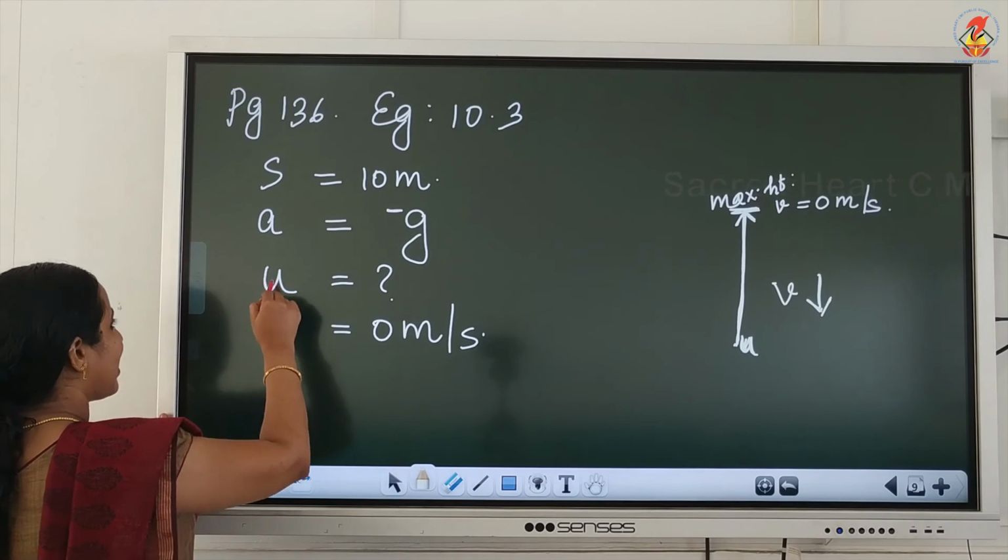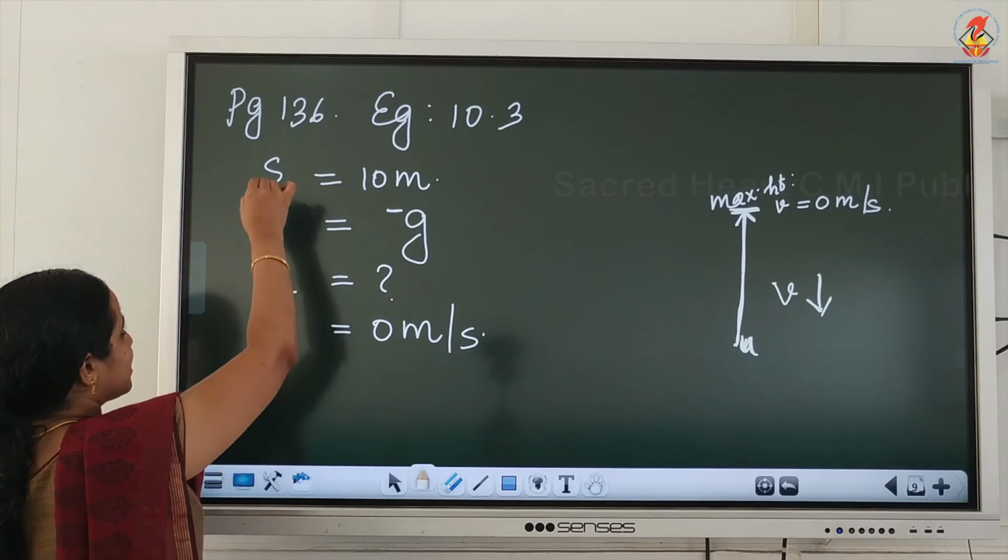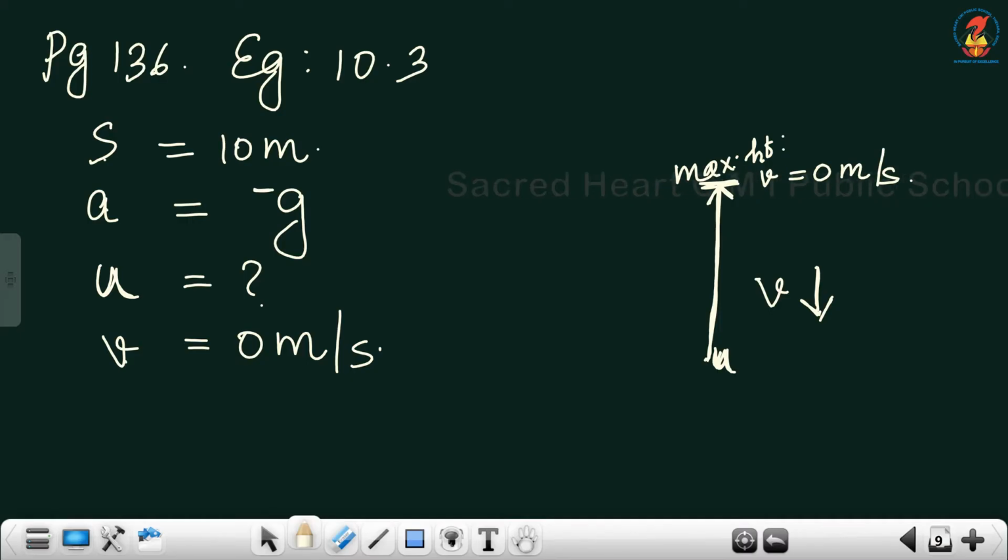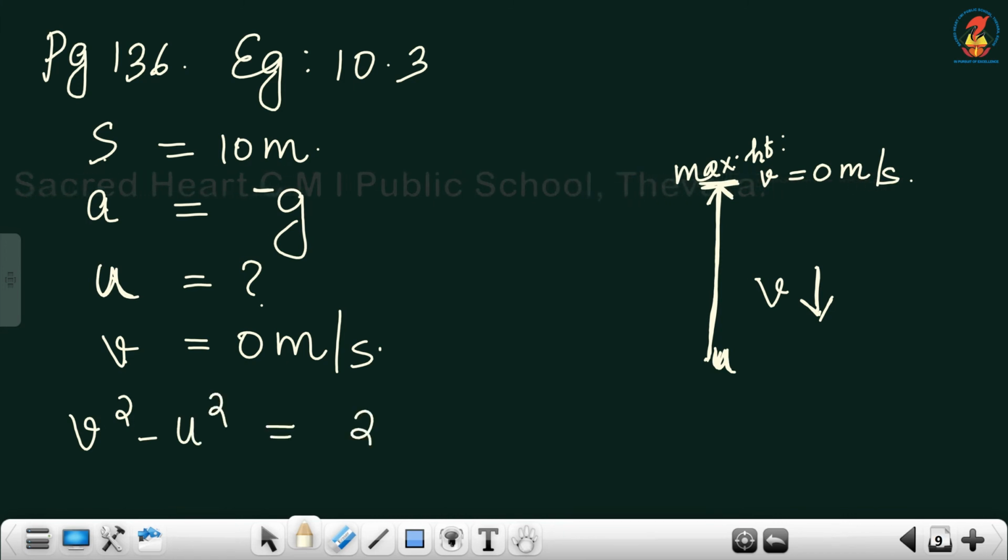So, we need to find u. The given quantities are s, a and v, and we need to find u. We may use the equation v square minus u square is equal to 2gs.